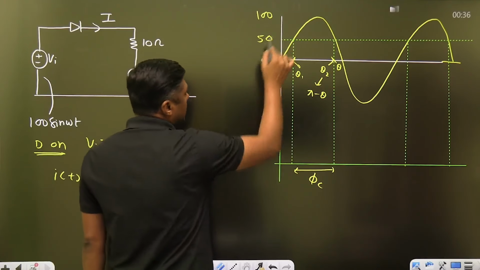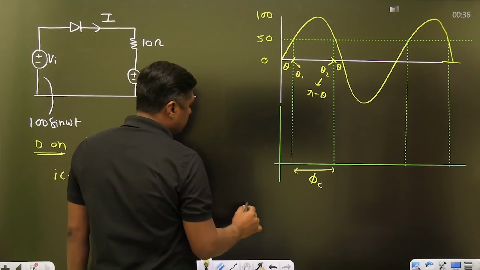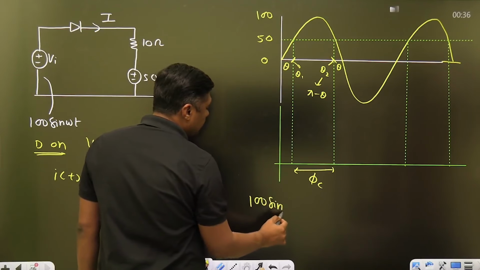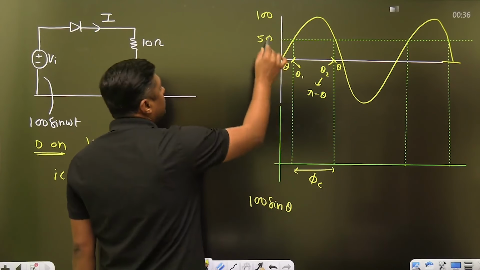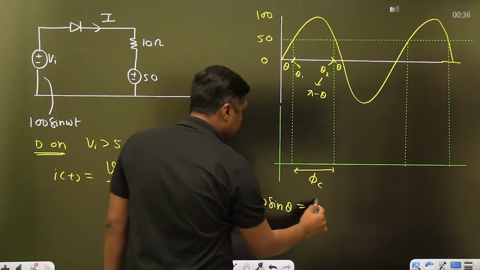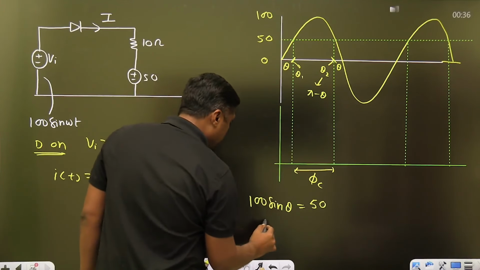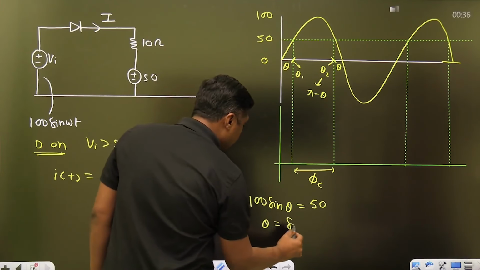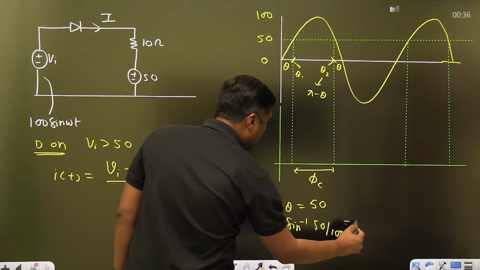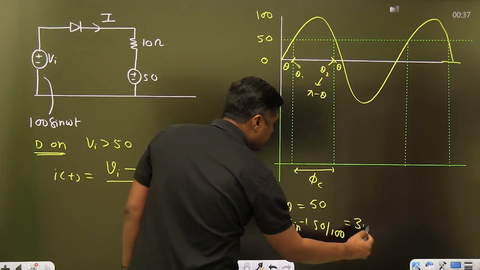This signal is actually Vm sin omega t, so it will become 100 sine of theta. Now in place of omega t, you can put theta, and 50 equals 100 sine theta. So theta is sine inverse of 50 by 100, that is 1 by 2, that is nothing but 30 degree.